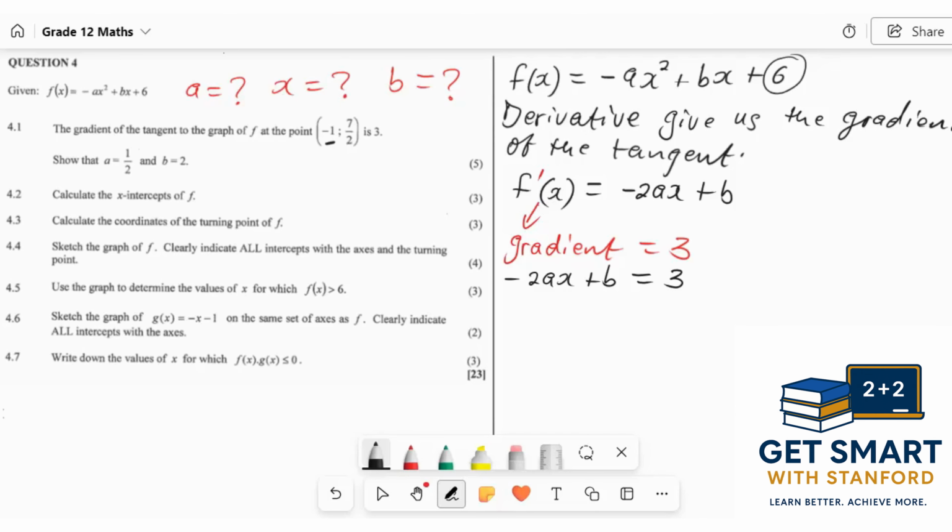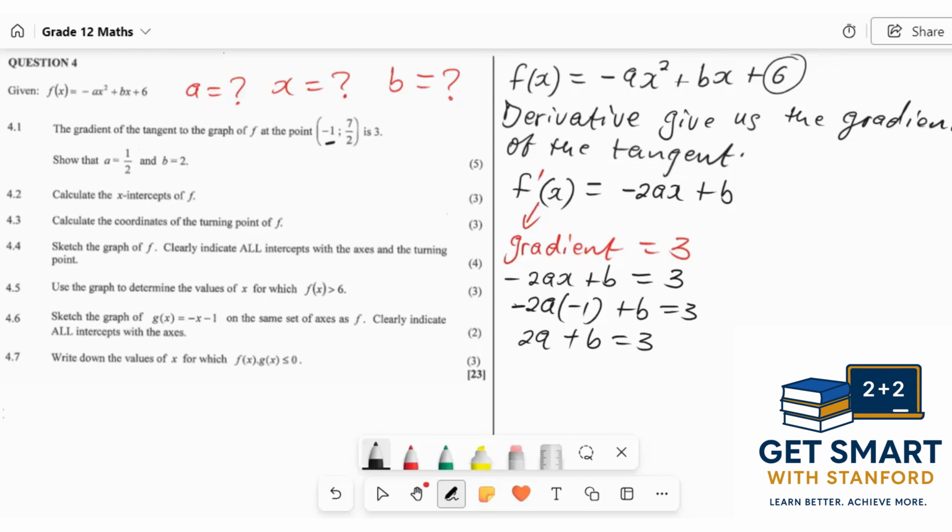Then we'll have minus 2a into minus 1 plus b equals 3. Negative times negative is positive, so we'll have 2a plus b equals 3.